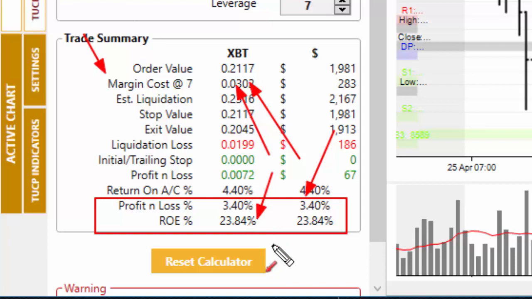So you can see that quite clearly. It's a bit deceptive because it says return on equity, which makes you automatically think that it's the wallet amount, and it's not. It's actually on the amount used, as in 0.03 there, or $283 of your own money to actually do the trade as a deposit.